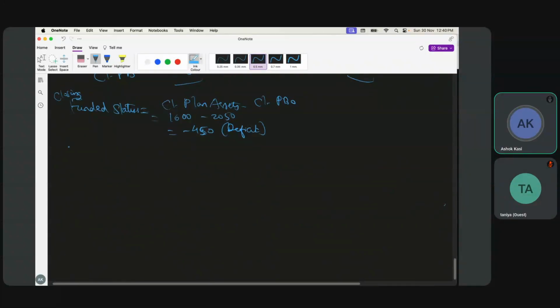The next is TPPC. It is CSC plus PSC plus interest expenses or interest cost plus actual return. I can write actual return plus or minus, that is better. Then plus or minus actuarial changes.